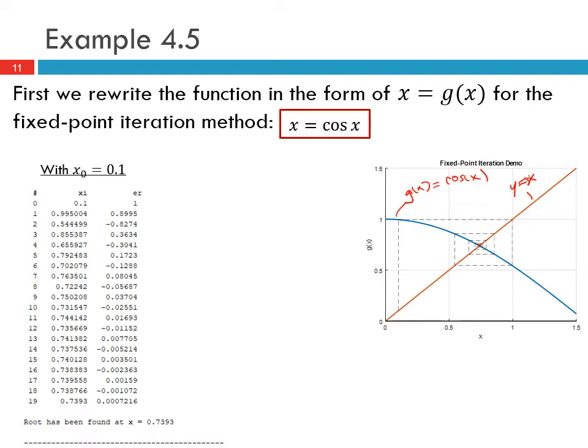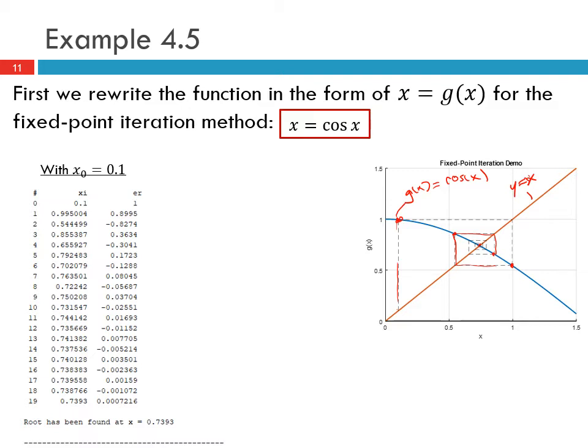I start with an initial estimate of 0.1, and I go to my g of 0.1, and then as it proceeds, my next estimate is close to 1, so 0.995, and then my next estimate is here at 0.54, and then my next estimate is here at 0.8555, etc. And this continues until I find the value of my root within my error tolerance.